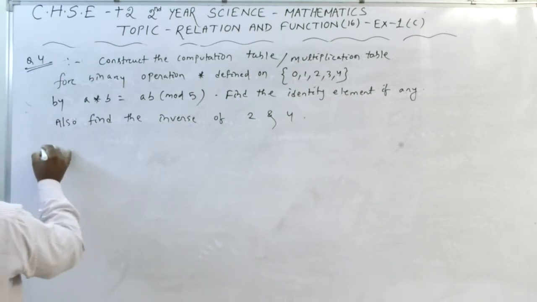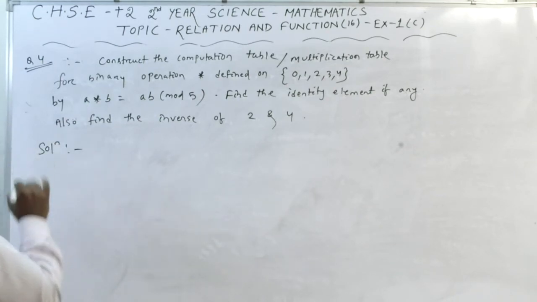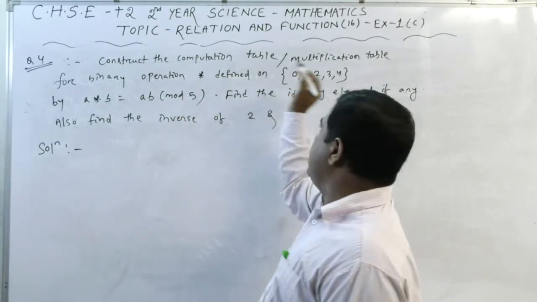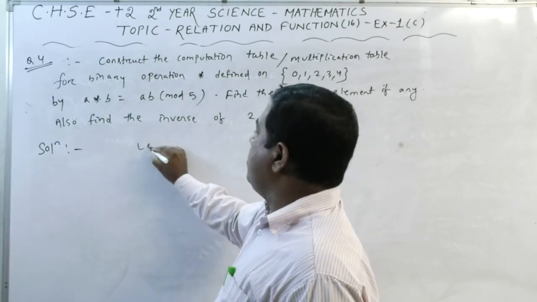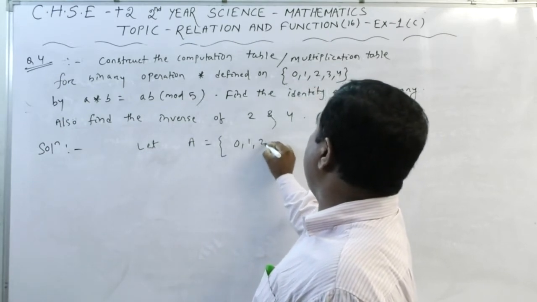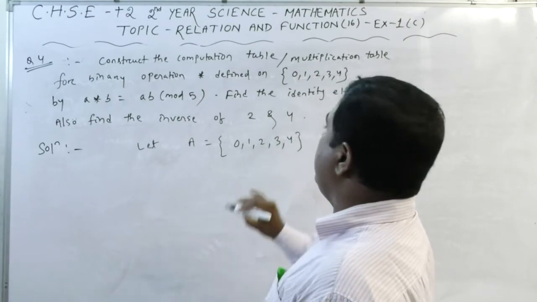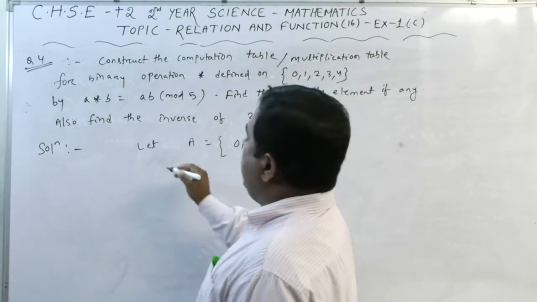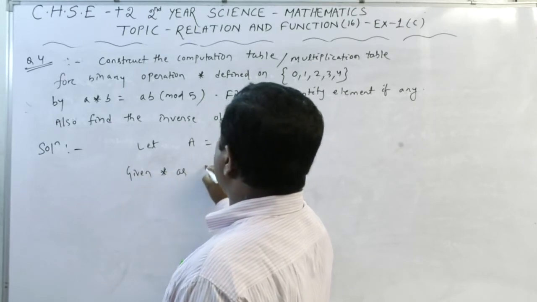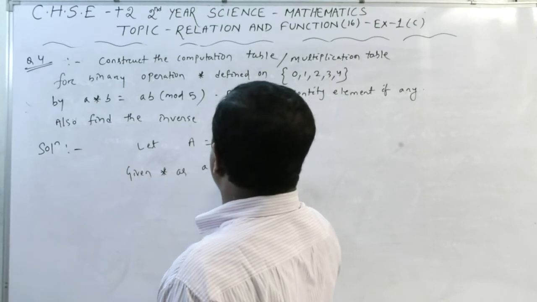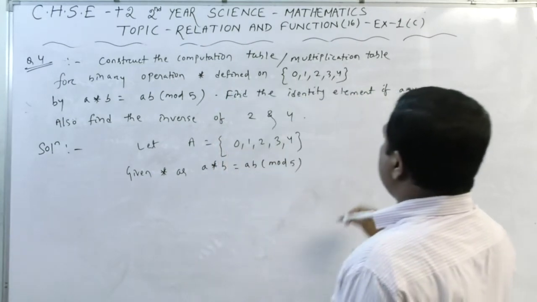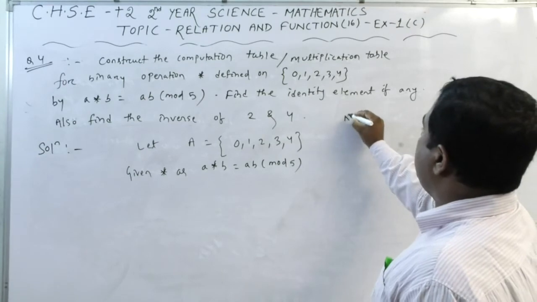Okay, so now we are going to write the solution. You see what is given. One set is given. Let A equal to that set 0, 1, 2, 3, 4, and the given binary operation star is A star B equal to AB modulo 5. Now I am going to construct the composition table.